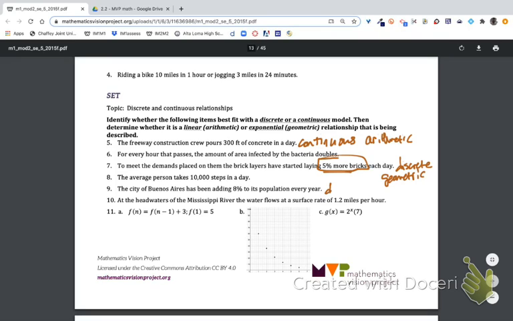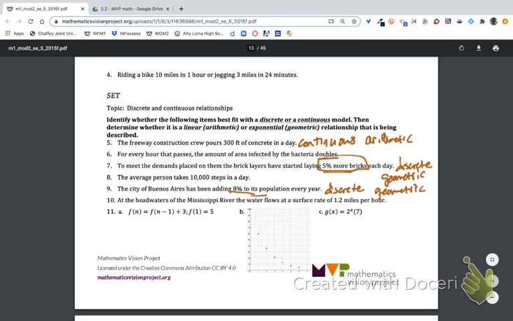So this can be considered, again, a discrete relationship, and 8% to its population means that it's also geometric. You're going to take that 8%, multiply 1.08 times whatever you had the year before. That should tell you what the population is going to be after.